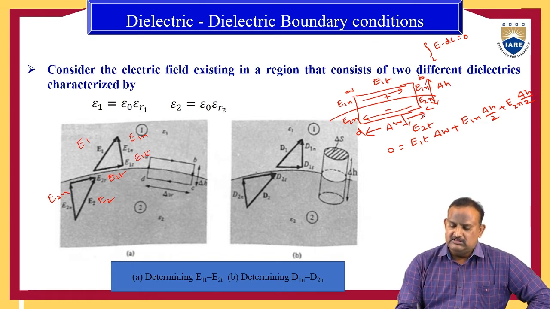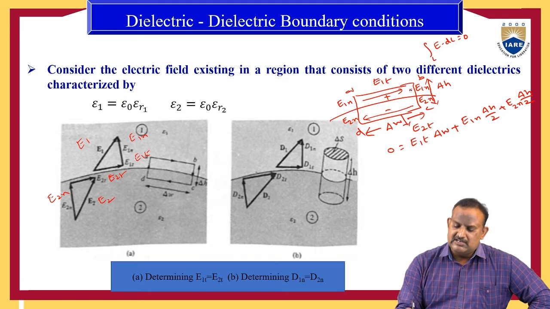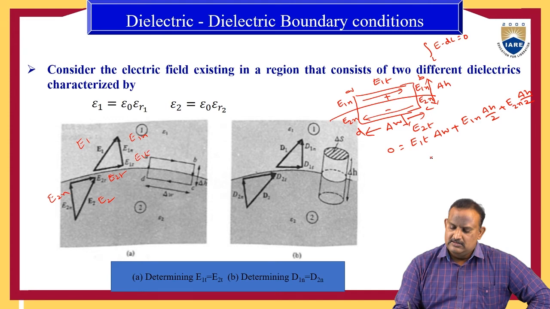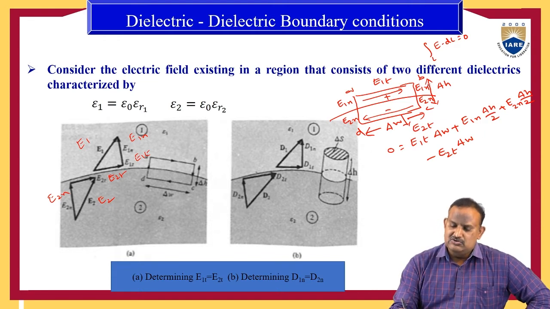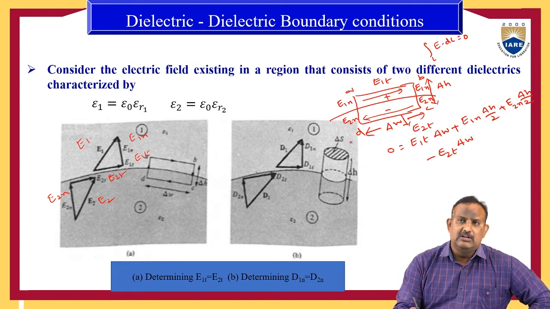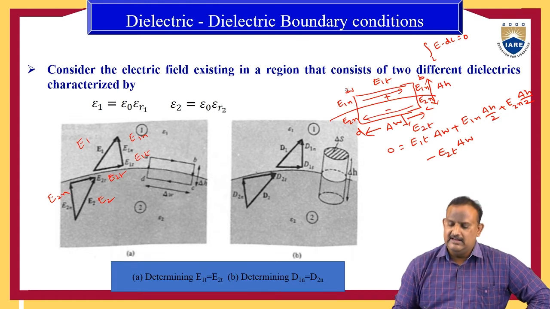Next, similarly, the third side. Since I have assumed A to B is positive, I need to assume C to D is negative. Therefore, it is minus E2t into delta W. Then B to C is positive, so D to A is negative.